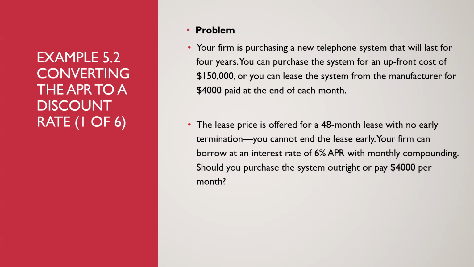The lease price is offered for a 48-month lease with no early termination. You cannot end the lease early. Your firm can borrow at an interest rate of 6% APR with monthly compounding. Should you purchase a system outright or pay $4,000 per month?